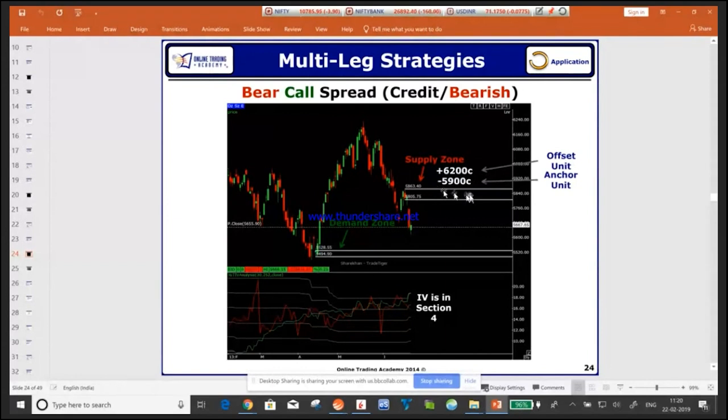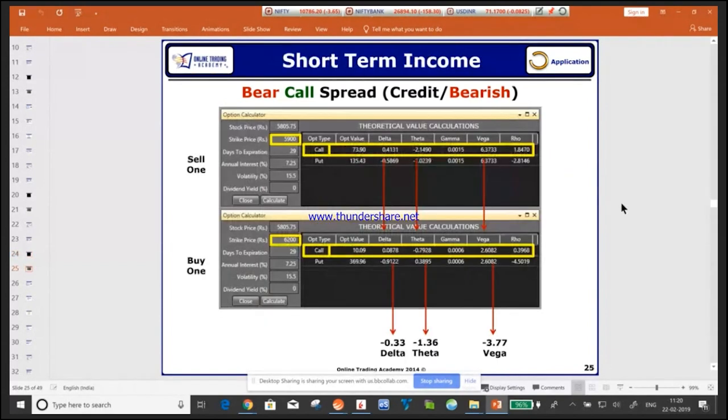That's the same example. In section 5 you would be selling a 5900 call option, but because you are in section 4 you go and add an offset unit at 6200 because IV is in section 4. And now take a look at these. Is my delta maintained to minus 0.25?